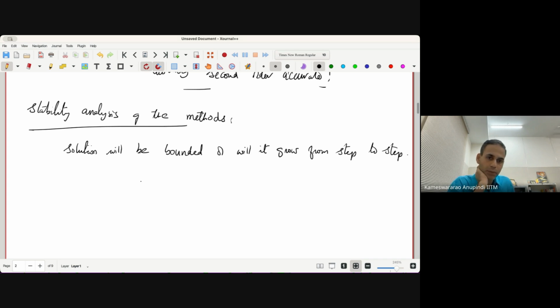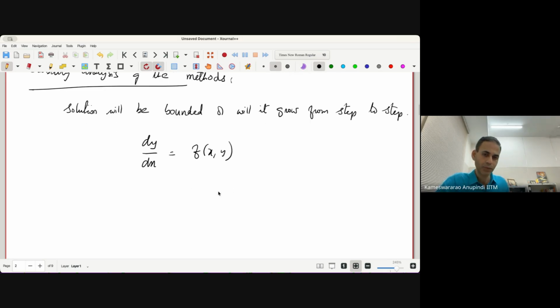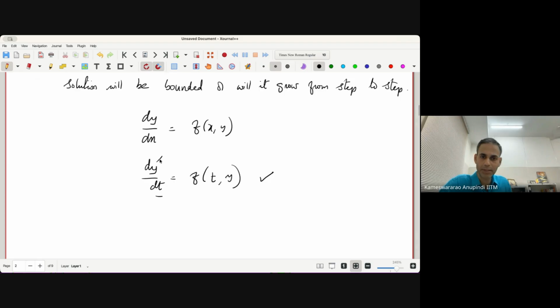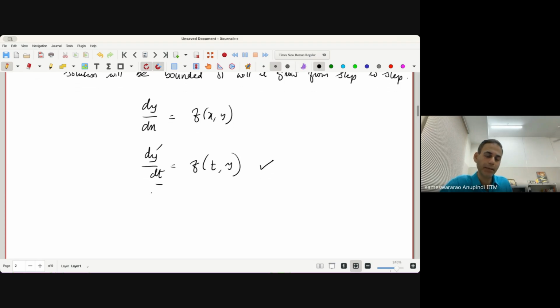The equation we are trying to solve is dy by dx equals f of x, y. We will also use dy by dt equals f of t comma y. Let us say we work with this equation in which t is the independent variable, y is the dependent variable.